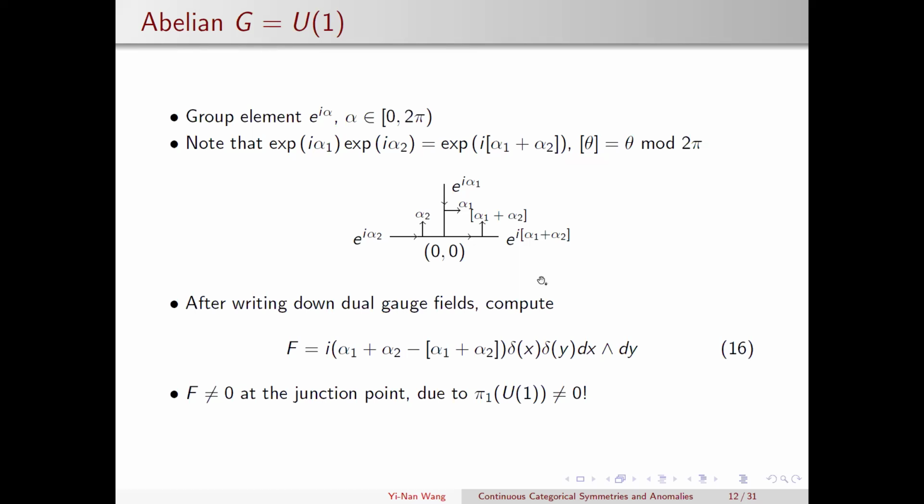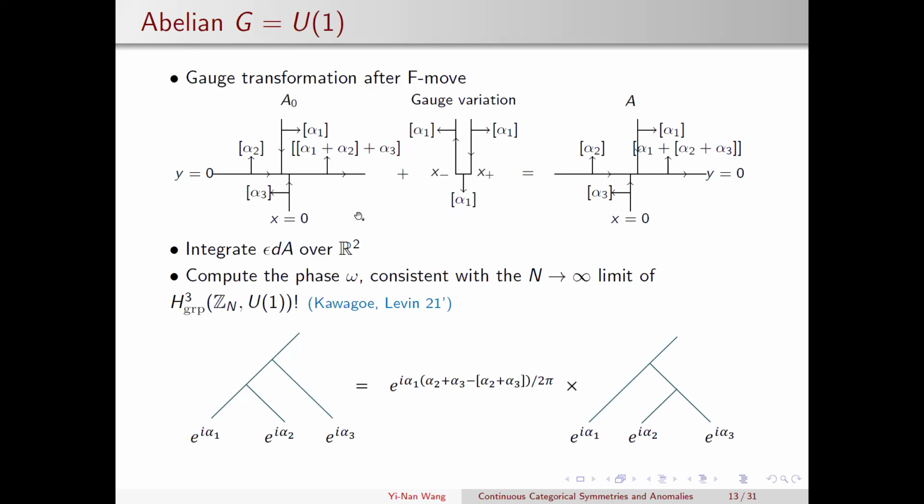After you write down the dual gauge field, you have a non-trivial field strength proportional to a delta function localized at the junction point. This is basically a winding number effect due to the fact that U1 is not simply connected. In other words, even with flat gauging, we can still have a non-zero F localized at the junction point. And that's the source of your anomaly for the flat gauge.